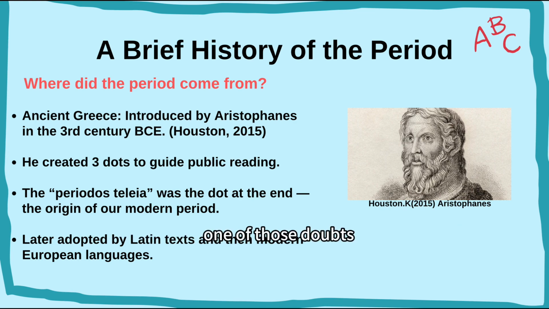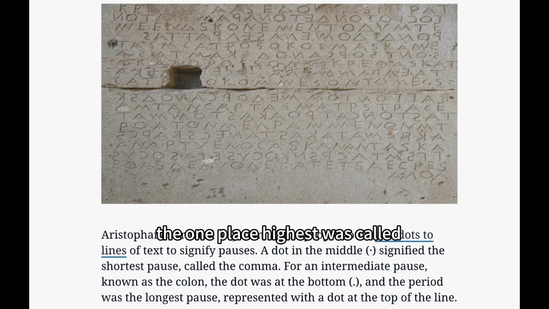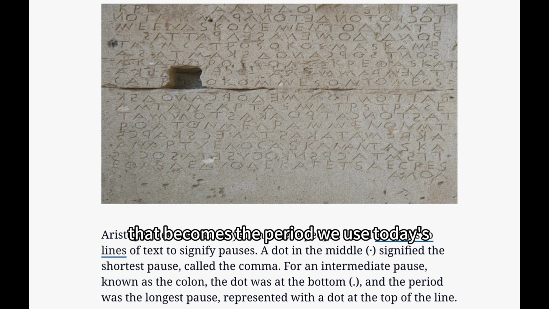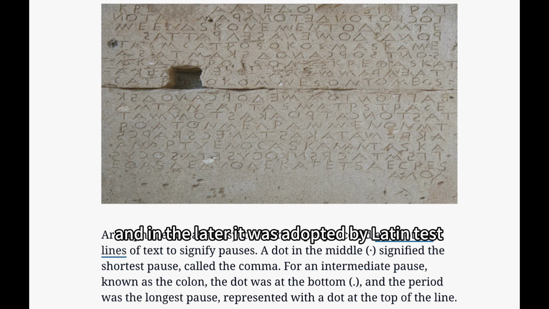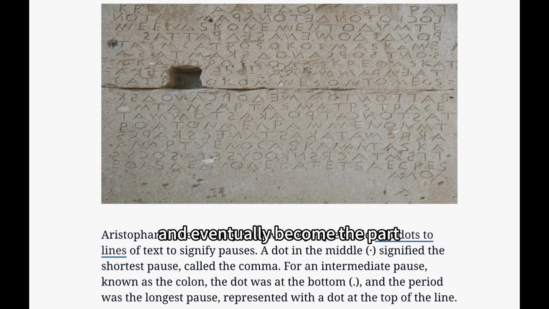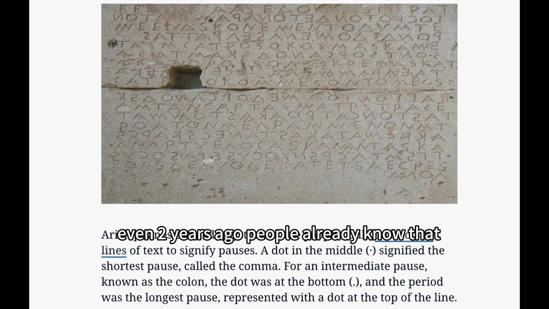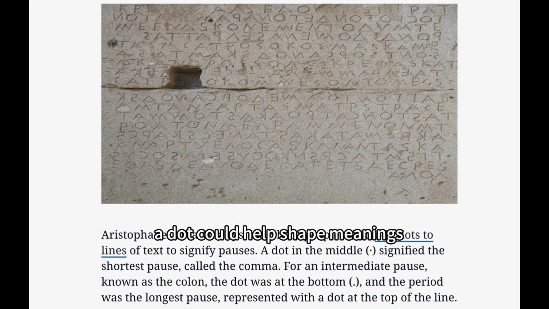One of those dots, the one placed highest, was called the periodos titulus, which became the period we use today. Later, it was adopted by Latin text and eventually became part of the modern punctuation system. Even 2,000 years ago, people already knew that a dot could help shape meaning.